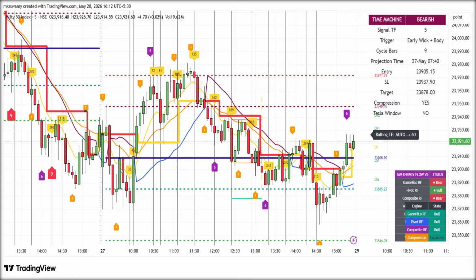So that was around 11:30, when the market expanded. But what you are seeing after this, 3, 3, 6, it should have expanded to 9. There is no momentum. No 9 is forming. The 9 cycle is not forming at all.